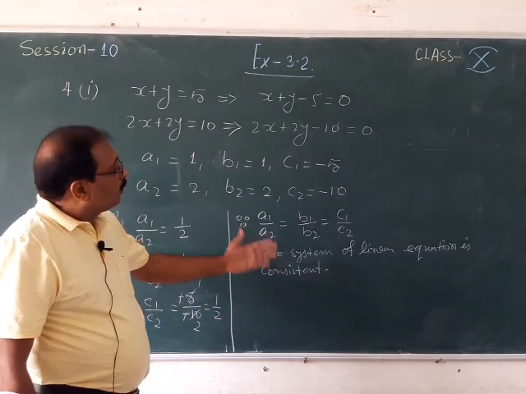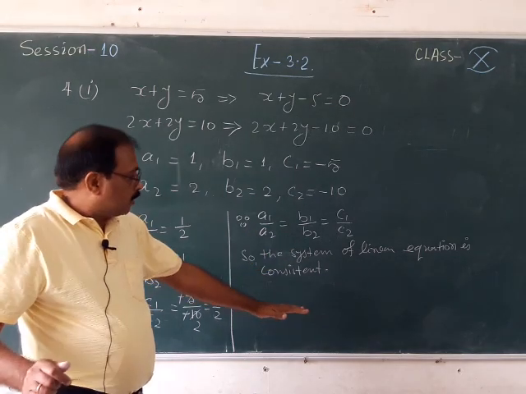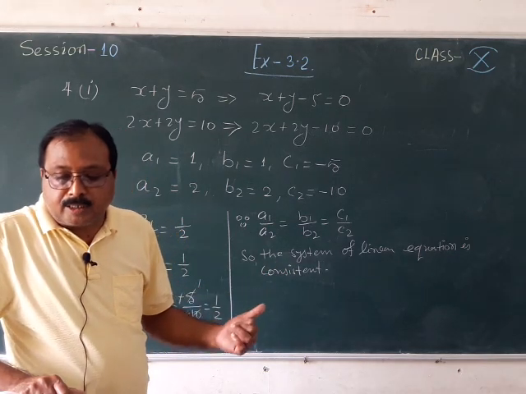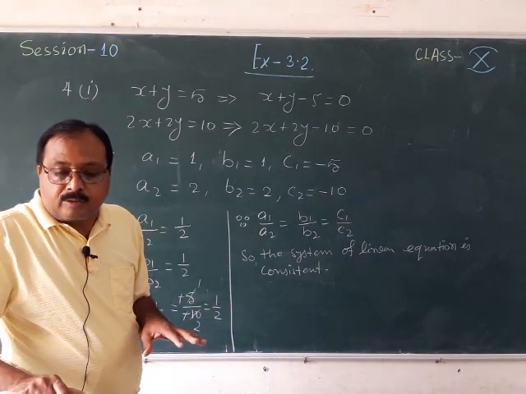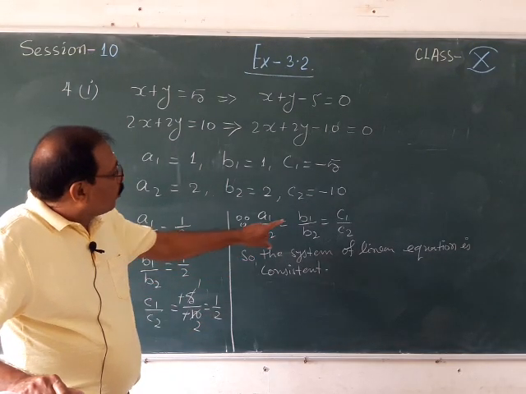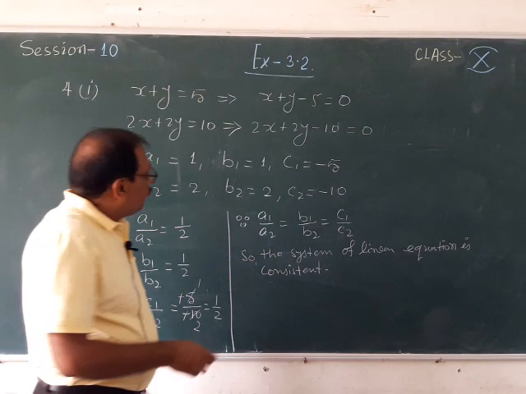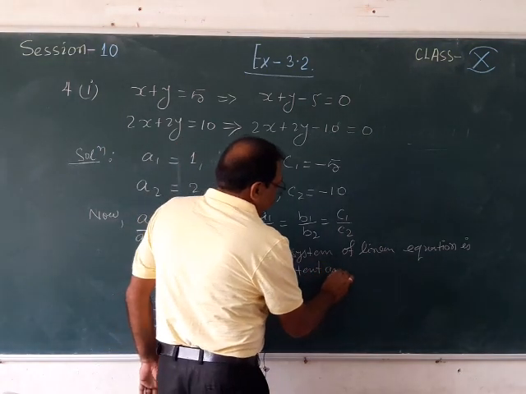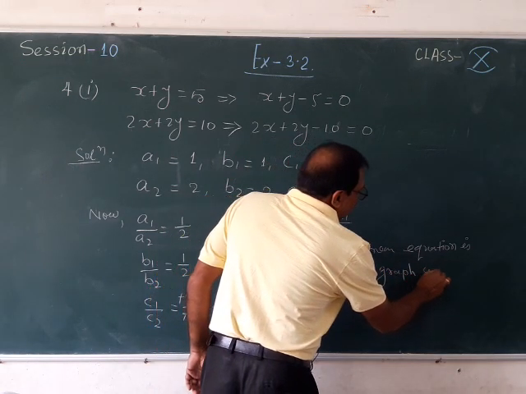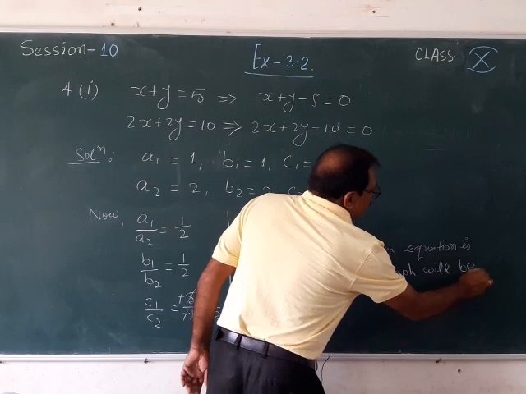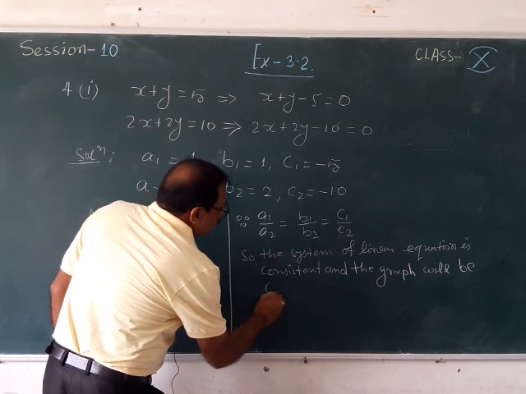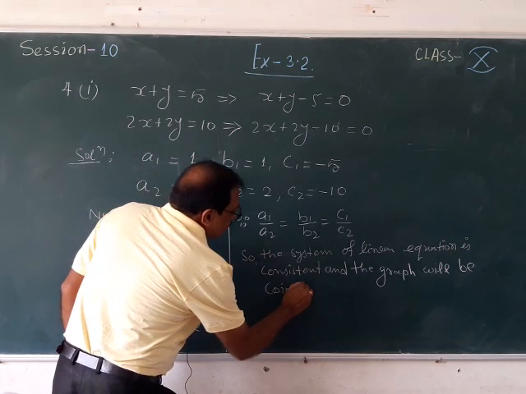Now you have to draw the graph of this, because you have seen that your pair of linear equations is coming consistent. That means you need to draw its graph, and the graph represents coincident lines. According to the given condition the graph will be coincident.